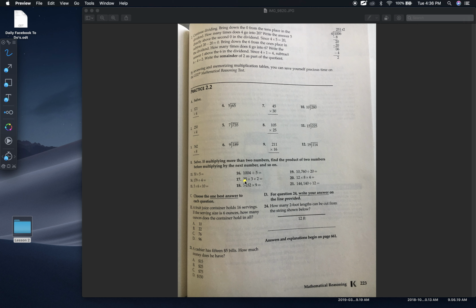For example, instead of 25 times 3 times 2, what you would do is solve 25 times 3 first. So you put it up just like in this form, okay, 25, and then 3 down here. And then you would figure that out. I could do it in my head. 3 times 25 is 75.